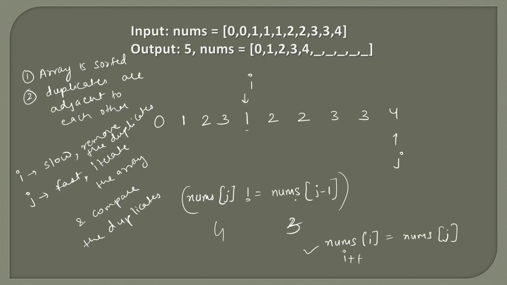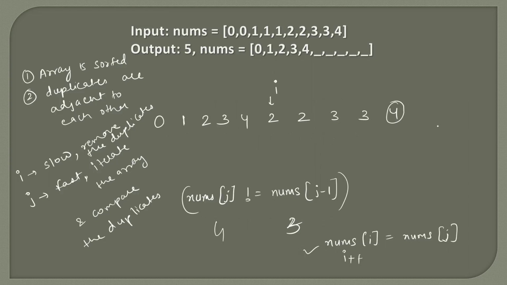So 4 is not equal to 3, so this condition comes out to be true. It means we have found one more unique element which we need to keep in the array. So we simply assign this value to nums of i. So this 4 will come here and this 1 will go away. After this assignment we move i one step ahead and j also one step ahead.